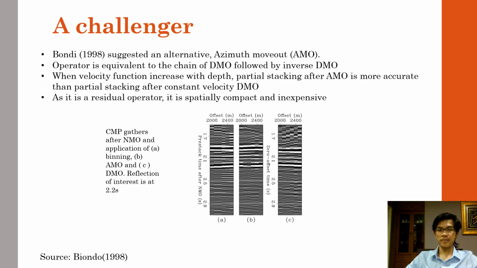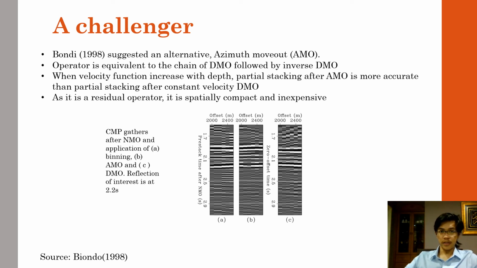As there are many limitations in dip move out, some geophysicists have argued for another method to be used for correcting dipping reflectors. One of them is Biondi. In 1998, he suggested an alternative called azimuth move-out, or AMO. The operator for azimuth move-out is equivalent to the chain of DMO followed by inverse DMO.